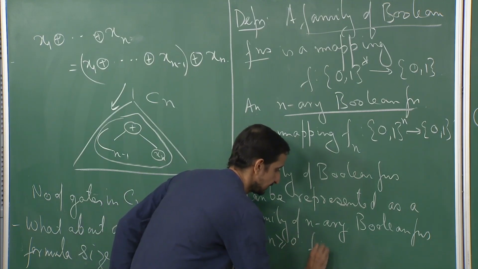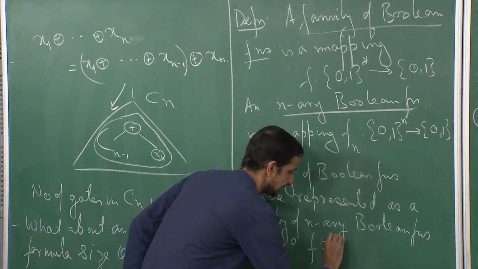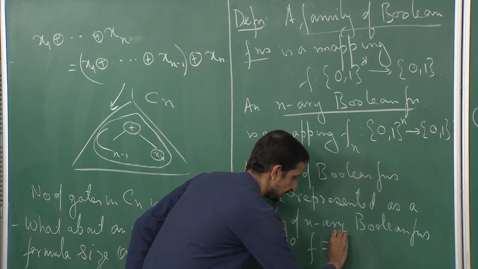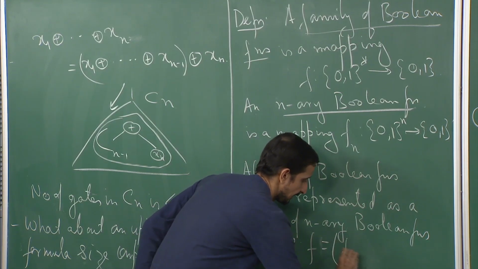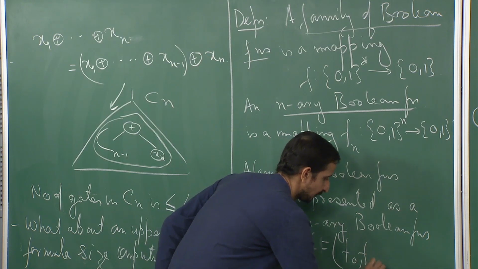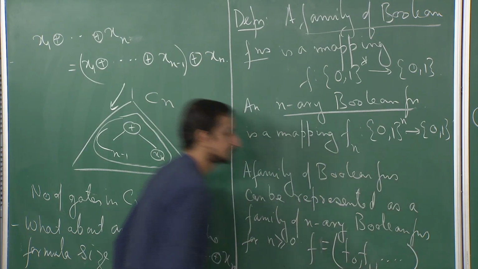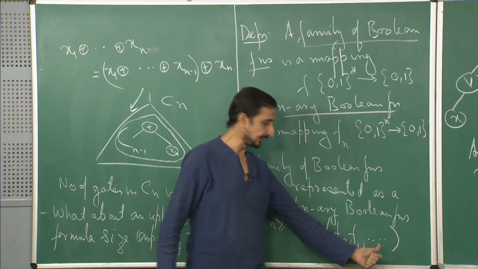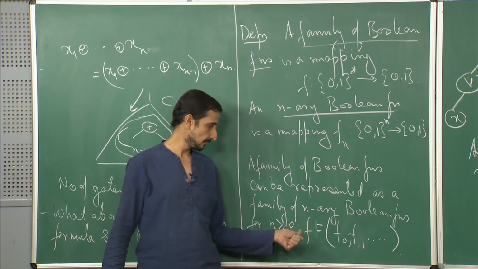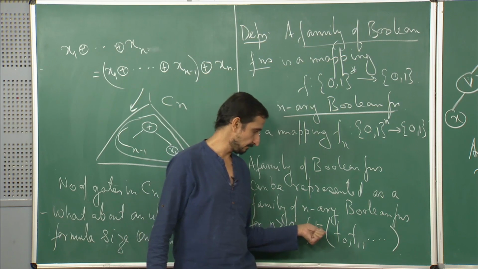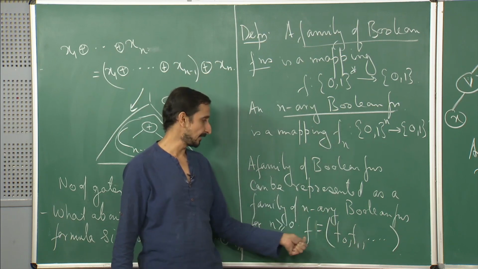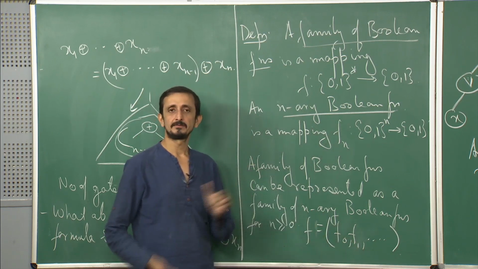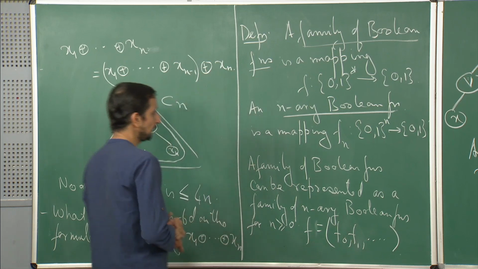Okay, so in other words, we can represent f as f0, f1, and so on. Okay, so basically for each length I have an n-ary Boolean function of that particular length.